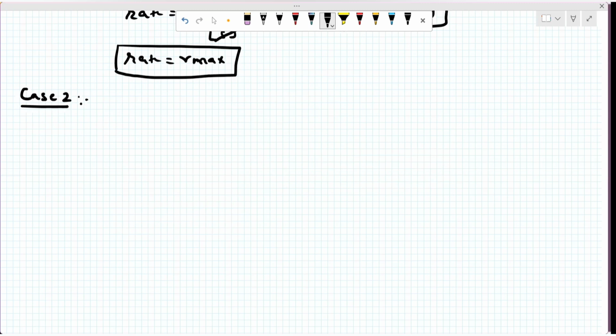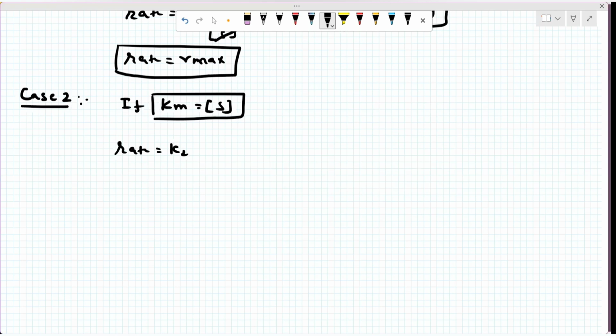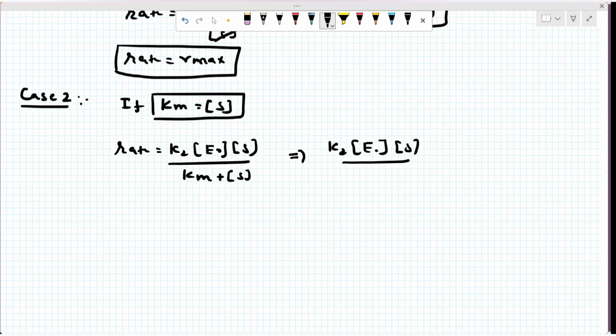Case 2, if Km equal to S. Now what is the formula? Derive same. What is the equation? Now rate is equal to K2 into E naught into S by Km plus S. But Km is equal to S. Now when I apply the formula, K2 into E naught into S by 2S, S cancel.